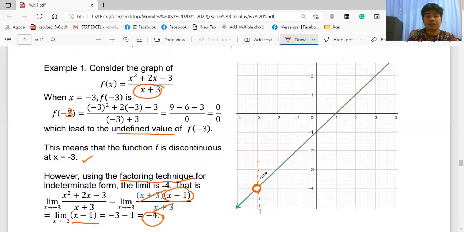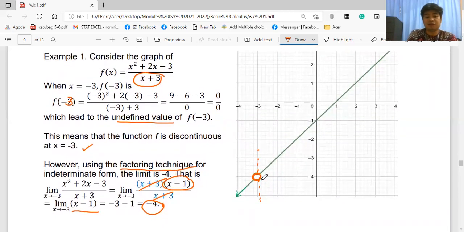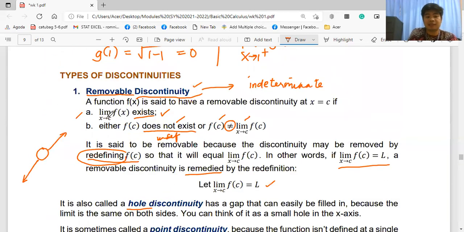So, satisfying the first condition, f of -3 is undefined. That's true. Diba? Naging true yung first condition. f of -3 is undefined. Second is, mag-exist yung limit, sabi niya. Mag-exist yung limit, which is true also. The limit exists. The two-sided limit exists.